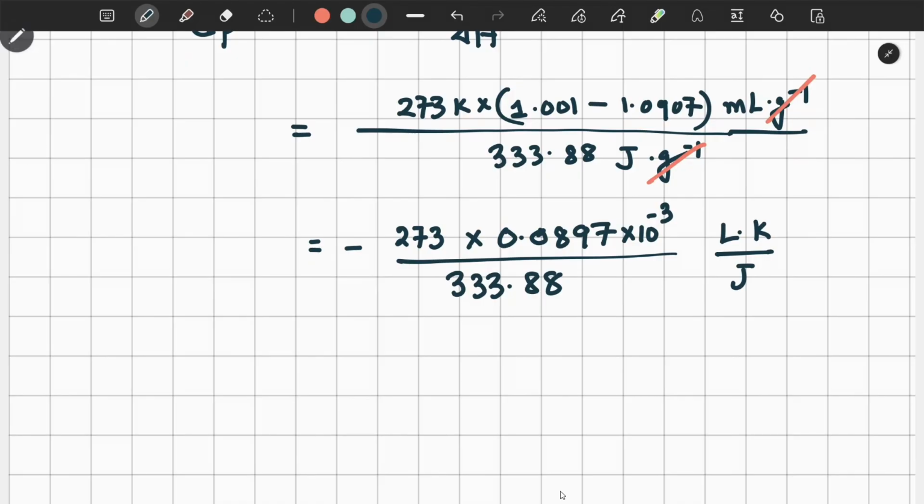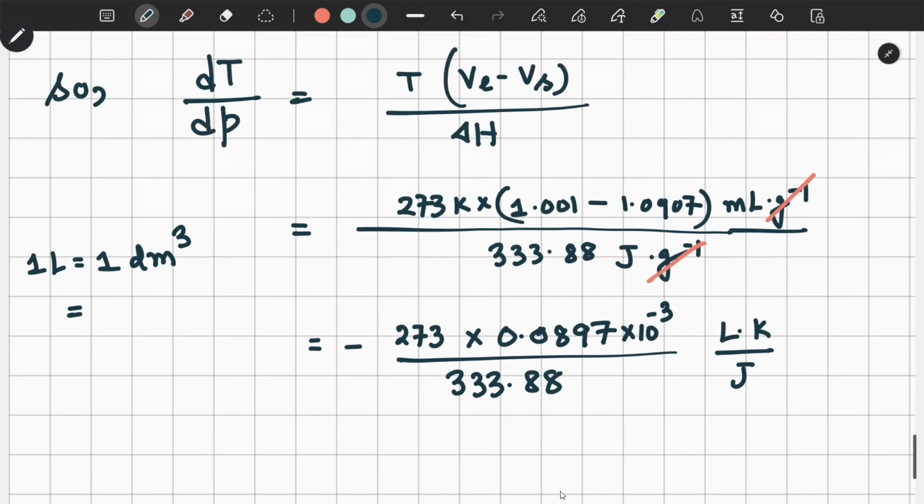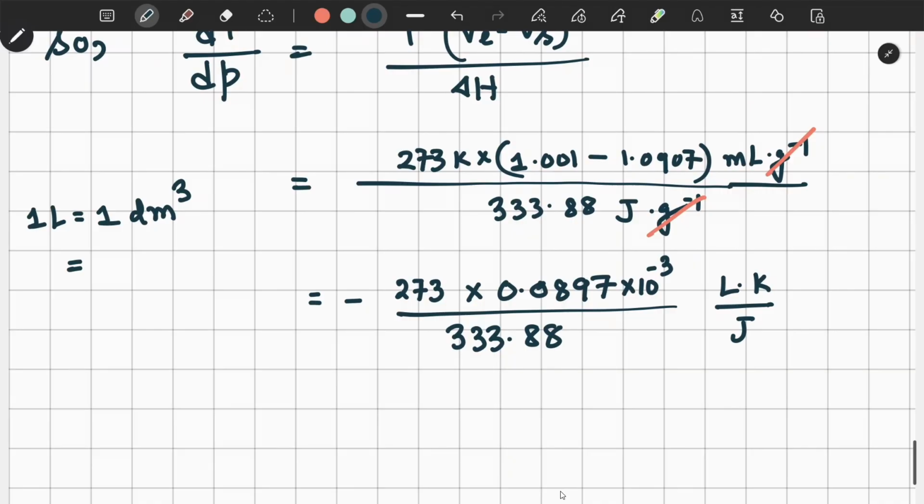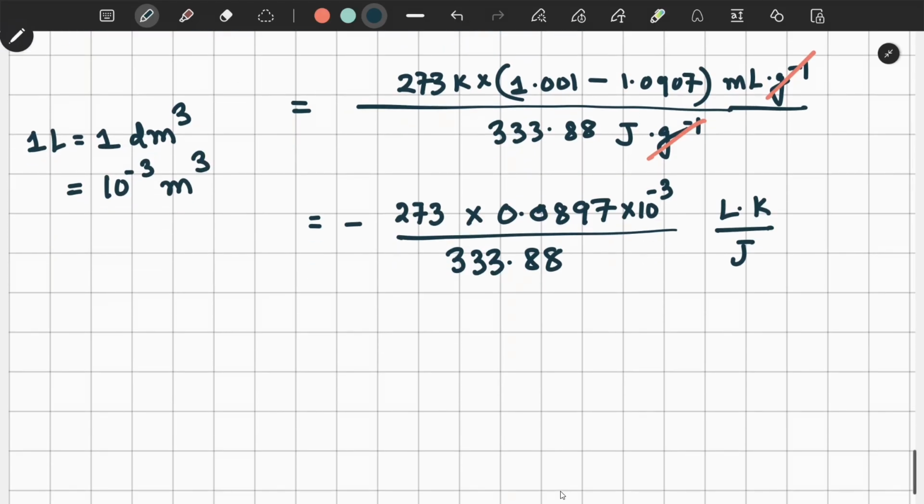So 1 liter is 1 decimeter cube, and 1 decimeter is 10 to the power minus 1 meter, so 10 to the power minus 3 meter cube. Here it was milliliter, so from milliliter we have converted to liter and now to meter cube. So again 10 to the power minus 3 will be there, so then it will be a meter cube.